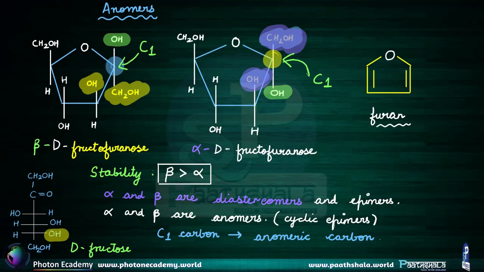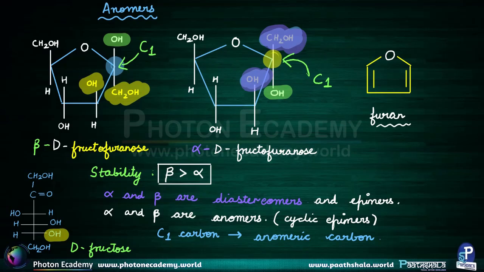Also, since we have got the alpha and the beta form, we noticed in glucose that the alpha and the beta form were existing in an equilibrium with each other, and when they were doing so, mutarotation was also occurring. So this alpha and this beta form are actually in equilibrium with each other, and therefore in fructose also mutarotation occurs.